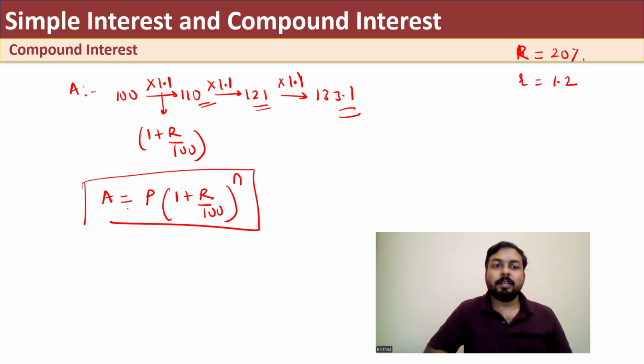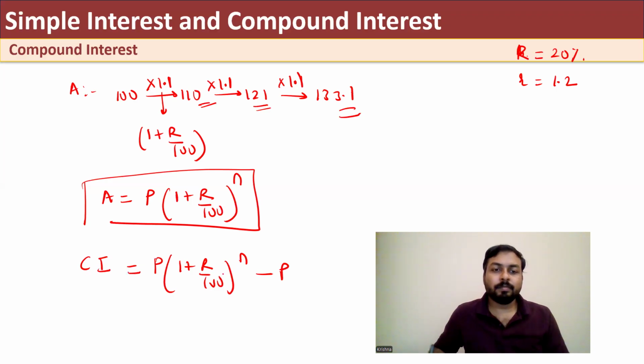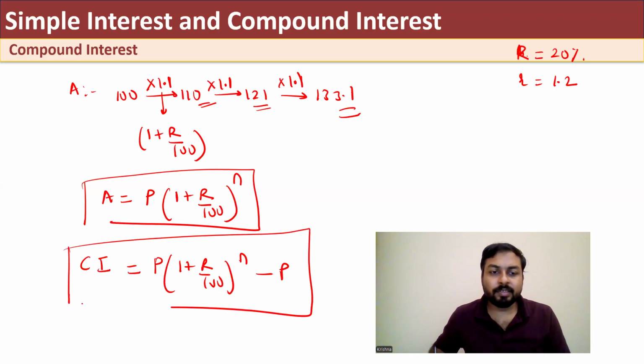So if you are told that the interest is compound interest and you need to calculate the amount, then this is the formula: A is equal to principal into 1 plus rate of interest by 100 to the power of n. And if you want to calculate the interest, it will be the amount minus principal, so principal into 1 plus R by 100 to the power of n, minus P. That's the formula for compound interest.